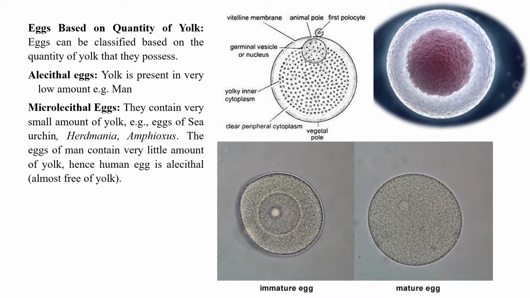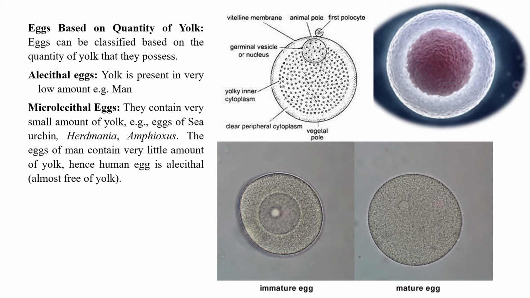So now let us see how the eggs of different animals can be classified based on the quantity of yolk that they possess. Yolk is a nutritive substance that is rich in proteins and lipids, as well as other biomolecules that are required for the normal growth and development of the embryo.